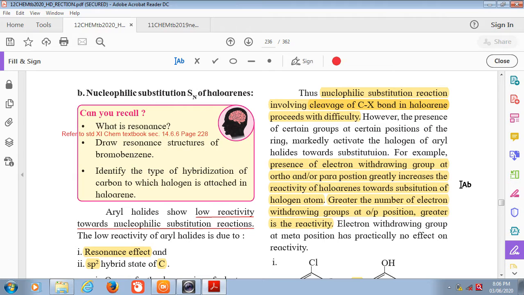Greater the number of electron withdrawing groups at ortho and para, greater is the reactivity.